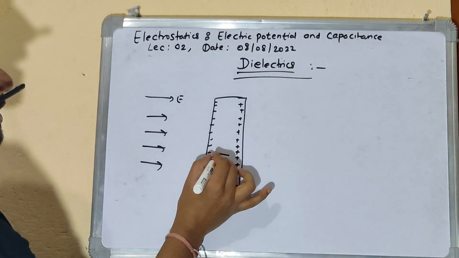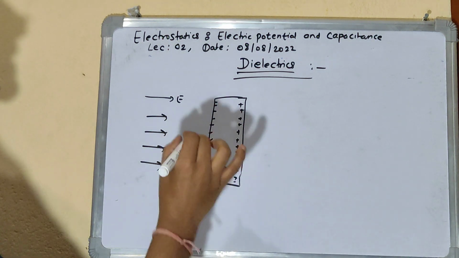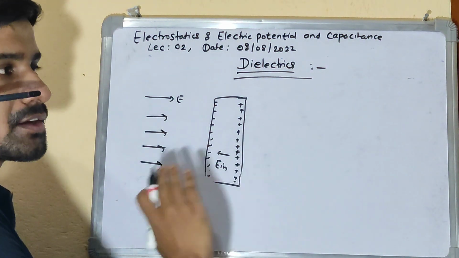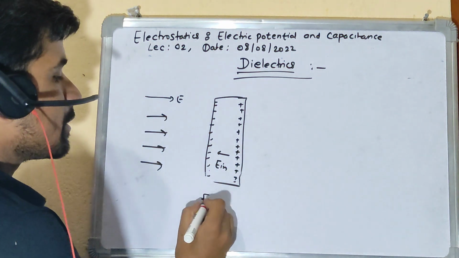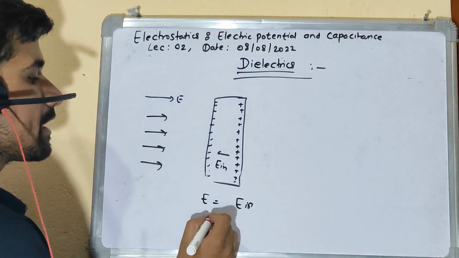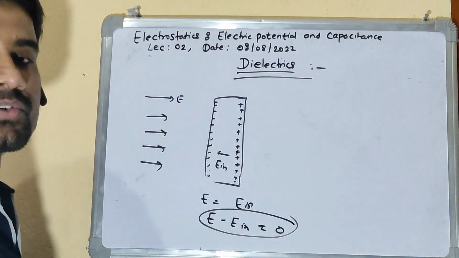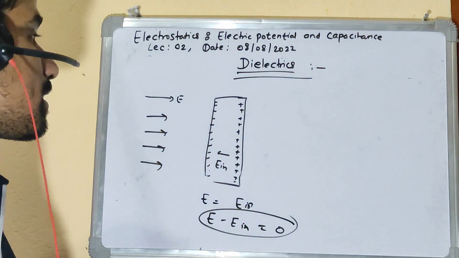And an internal electric field is also developed inside this conductor. This splitting of charges will stop when E is equal to E in, and the net electric field, which is E minus E in, inside the conductor will be zero, right? This is the case of a conductor.